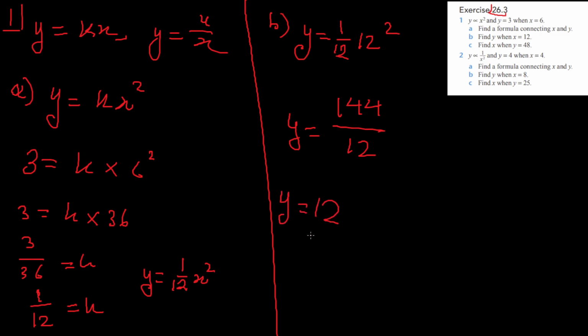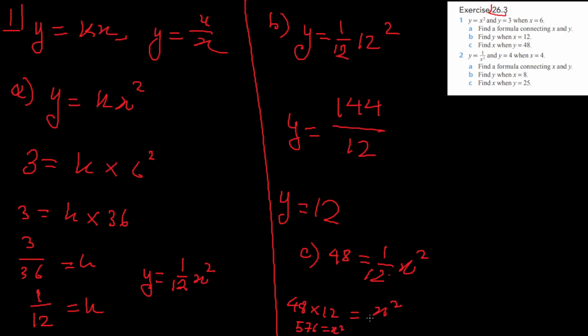So now let's do number C. Here we have to find x now. We just do the same thing, and we plug in the y value into y equals 1 by 12 x squared. So we put this here, so 48 times 12 equals x squared. 48 times 12 is 576.